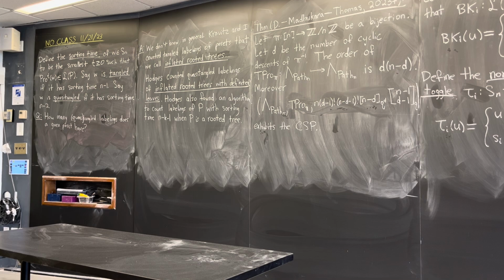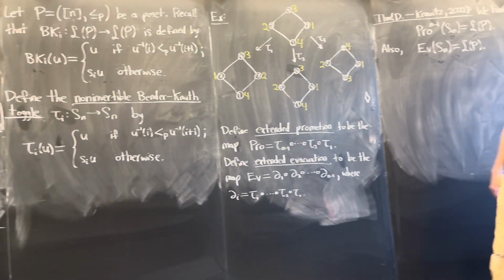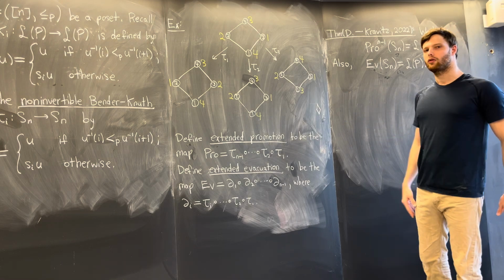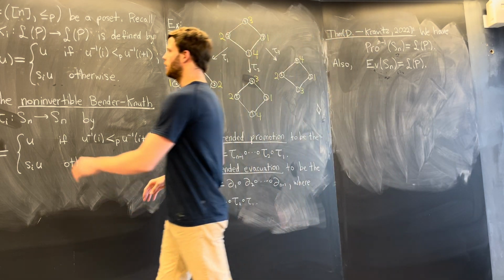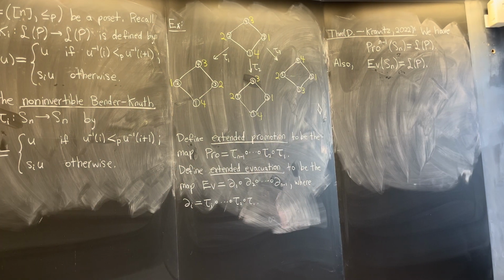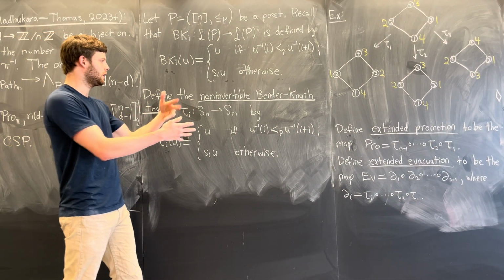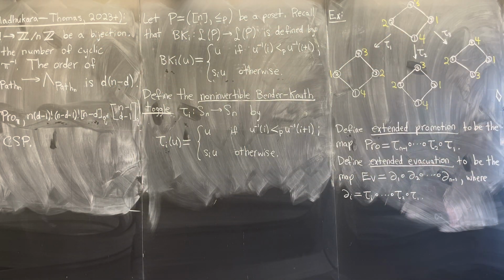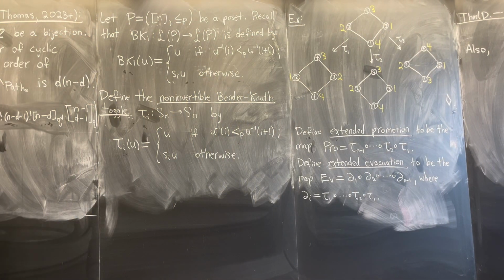I think this is a nice example of the theme that I tried to present in this class, where you have some combinatorial thing, like labelings of posets, and you ask, what if we extend this to Coxeter groups? We're going to generalize this in a couple of ways. One is that we're going to define these non-invertible Bender-Knuth toggles for any Coxeter group. And the second is that we're going to compose them in other orders. You don't have to do it in this order. If you have some other Coxeter group, there's not necessarily a nice natural order, so you just compose them in some order corresponding to a Coxeter element of your Coxeter group.